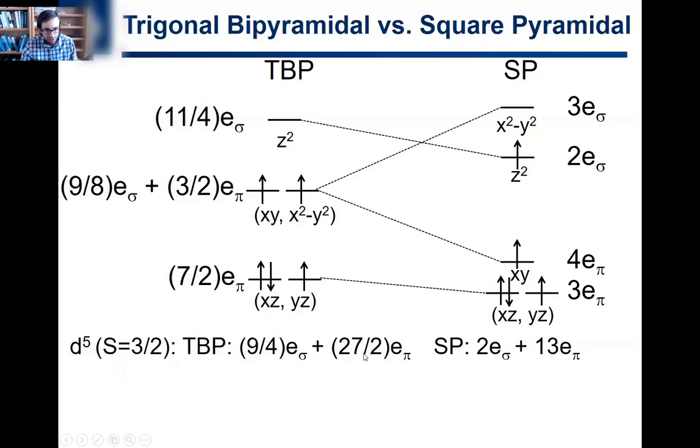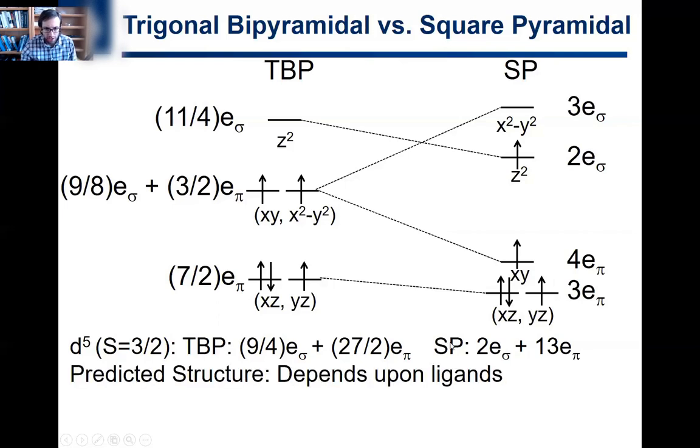We can go on to the next spin state, S equals 3/2, d5. Here, things are pretty close again. We have 2 e sigma, and again, we have that 9/4 e sigma, so that's 2.25 e sigma. Here we have 13 e pi, and here we have, what's that, 13.5 e pi. So that's very, very similar there.